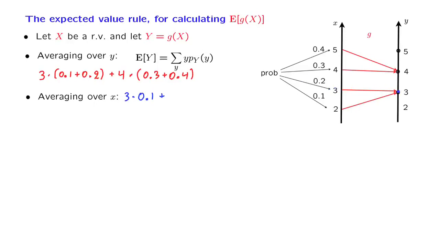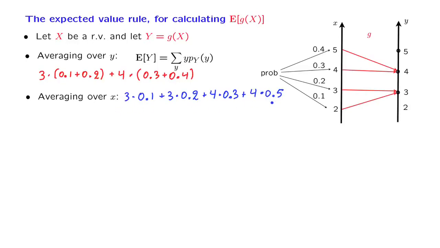So 20% of the time, we also get 3's in y. Then, 30% of the time, x is 4, which results in a y that's equal to 4. So we obtain a 4 30% of the time. And finally, 40% of the time x equals 5, which results in a y equal to 4. And we obtain this arithmetic expression.